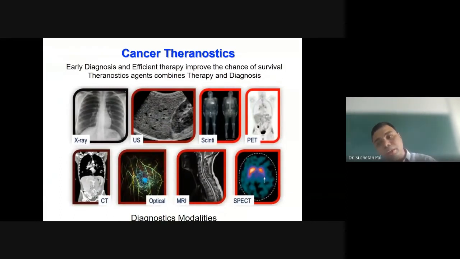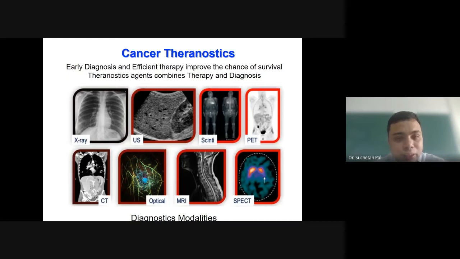As you know, cancer is currently affecting a lot of people. I'm sure some of you have friends or family suffering from cancer. It's a huge problem all over the world, right? Cancer is one of the diseases which, if detected at an early stage and given proper therapy, you can actually cure.